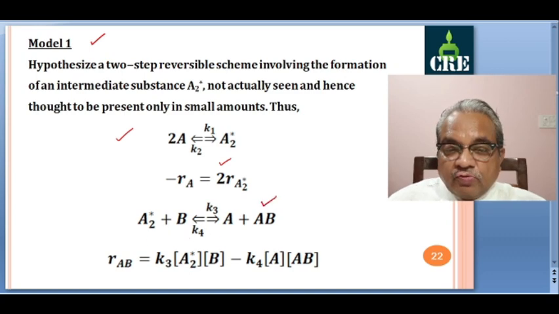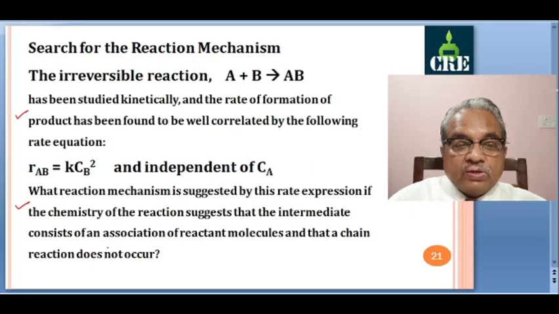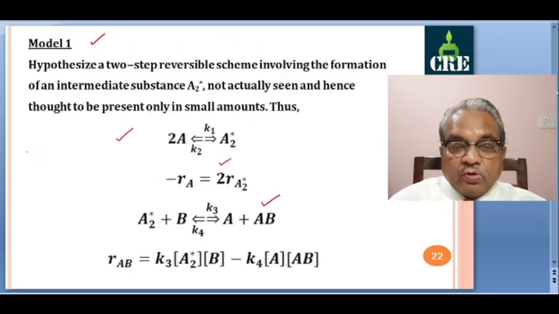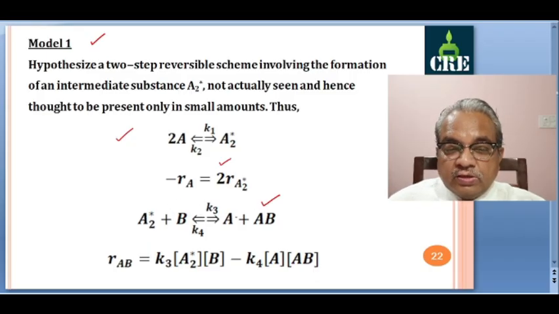Rate of formation of AB, if I want to write, because I am interested in getting this in terms of rate of formation of AB. AB is not involved in this reaction. It is there in this reaction.